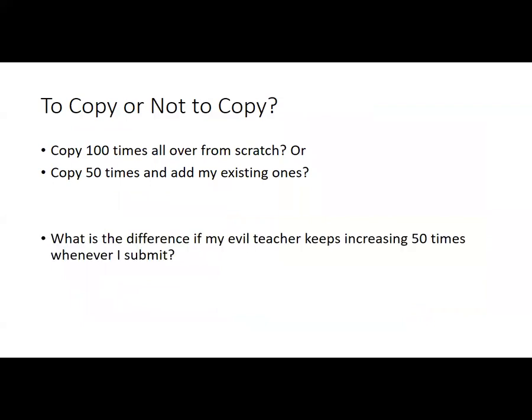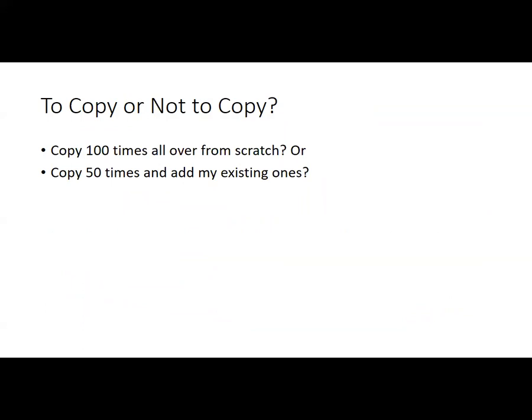If the evil teacher, after I submit 100 times, tells me it's actually 150 times, and I go back and come back, and the teacher says your 2 days late is now 200 times, what if I keep doing that? What is the difference between copying the whole amount from scratch each time, or adding on each time?